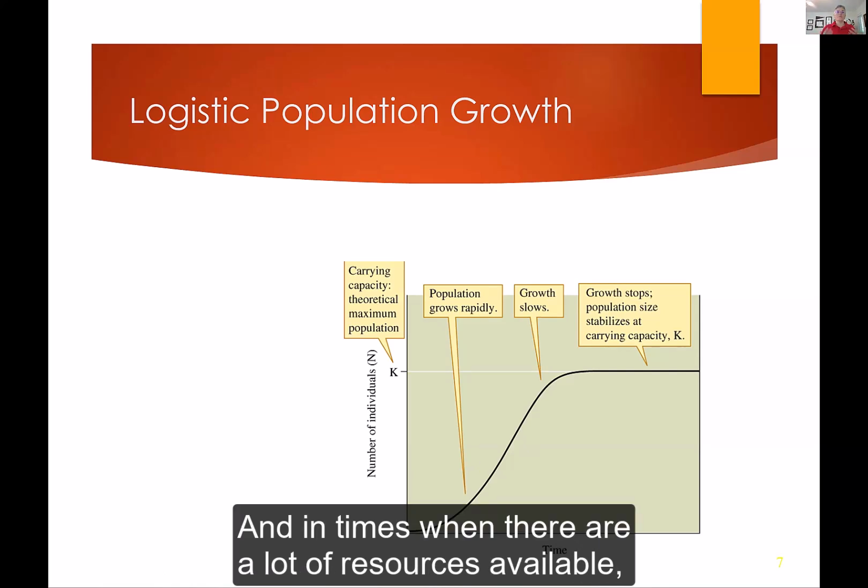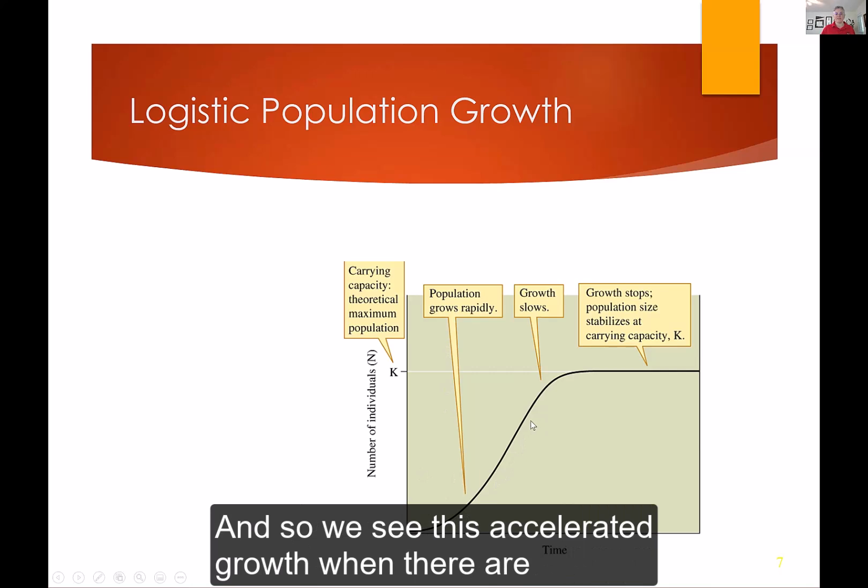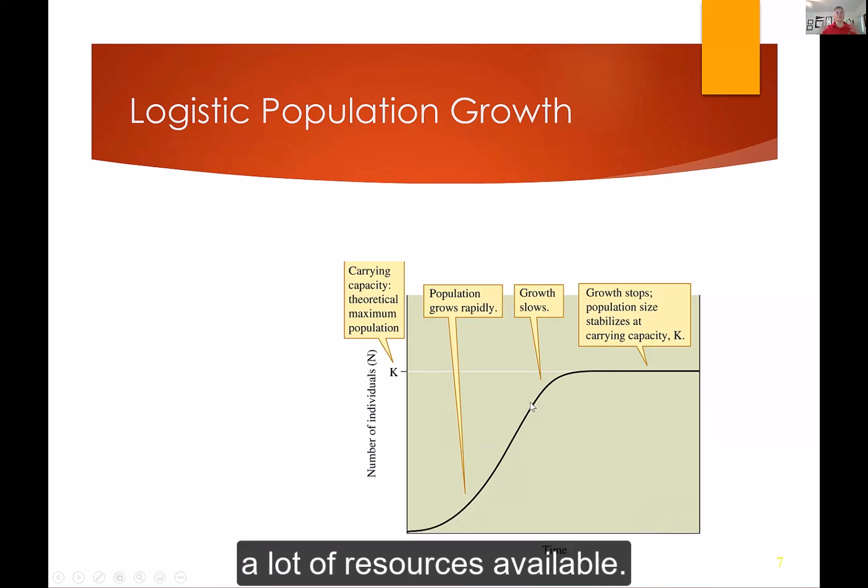In times when there are a lot of resources available, you are going to have rapid growth, right? And so we see this accelerated growth when there are a lot of resources available.